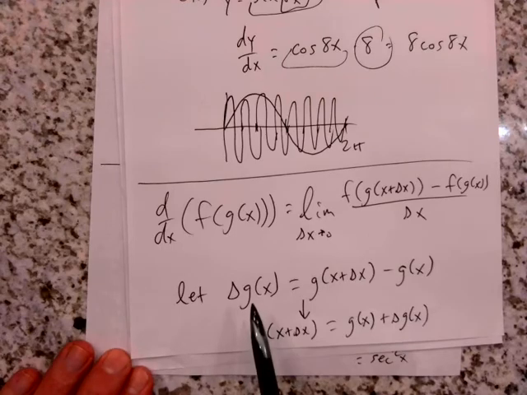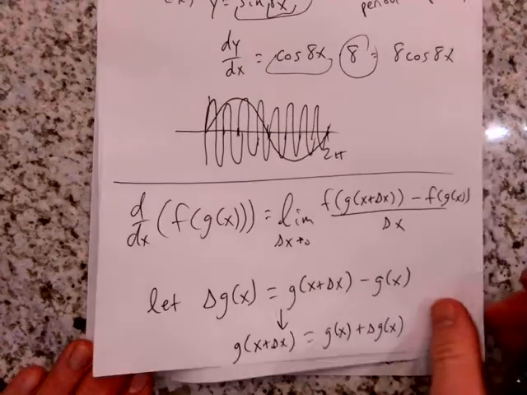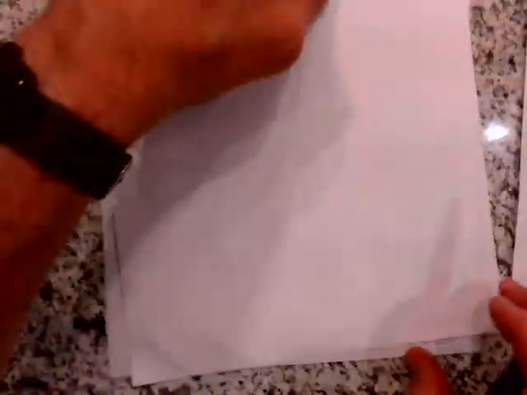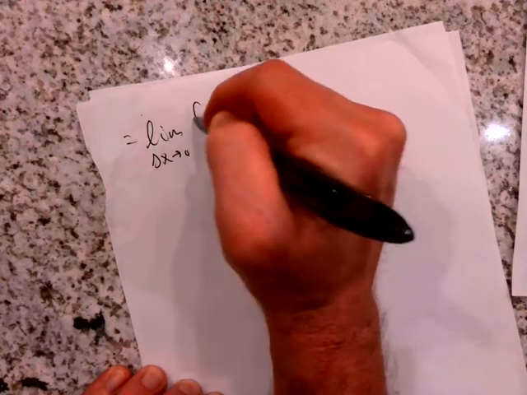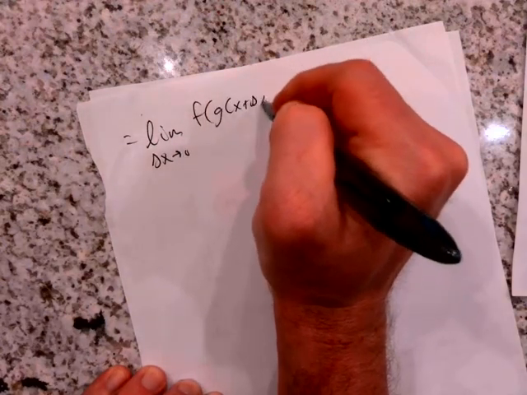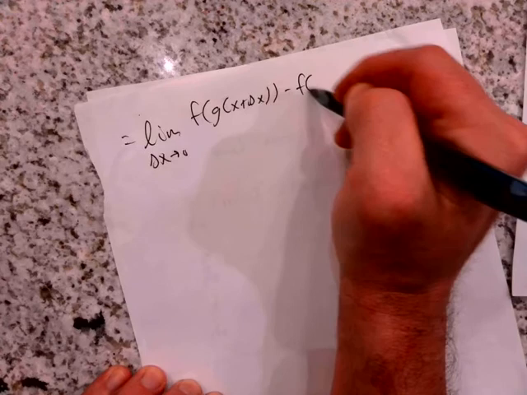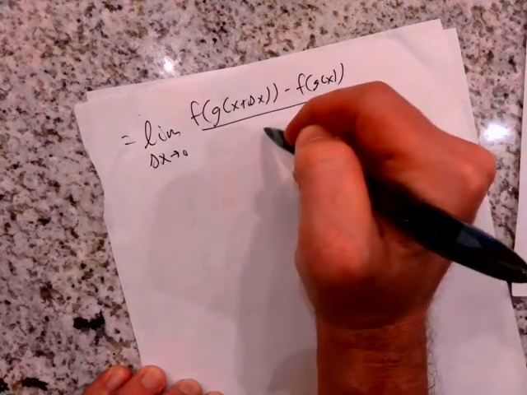Now we introduce this into our limit up here. We have our limit, the limit as delta x approaches 0, f of g of x plus delta x minus f of g of x over delta x.